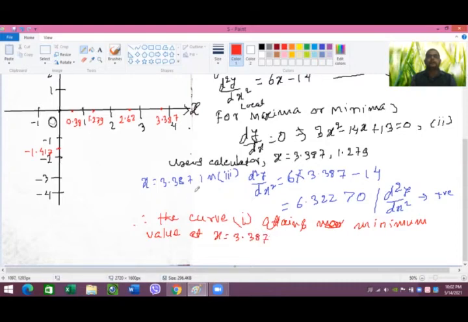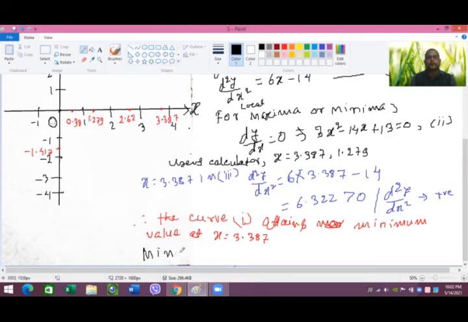So we have tested for this value, and finally there is a minimum value at x equal to this.